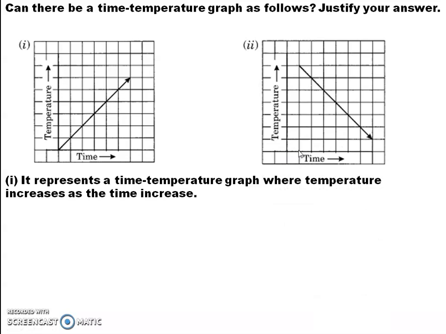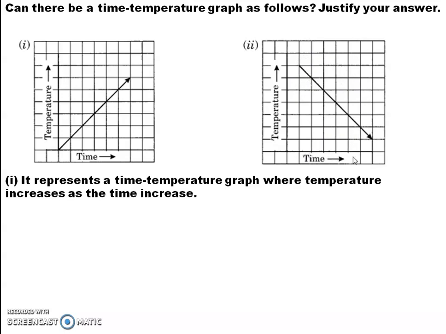Now here, what happens in this time temperature graph? Time increases towards the right, but what happens to the temperature? Temperature decreases. You can see the arrow here. So this type of graph depicts an inverse proportion.